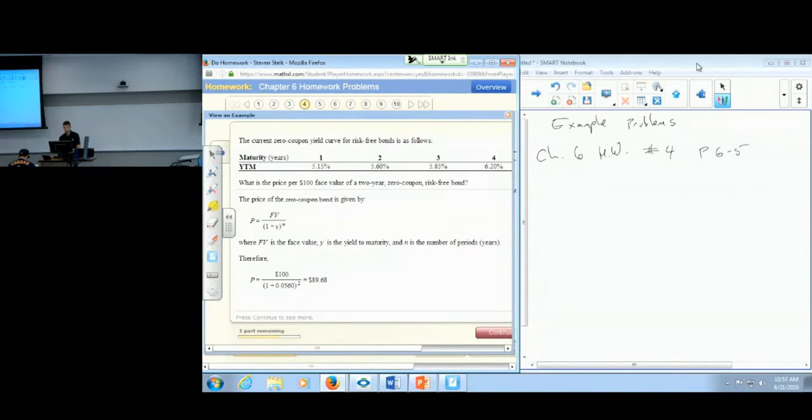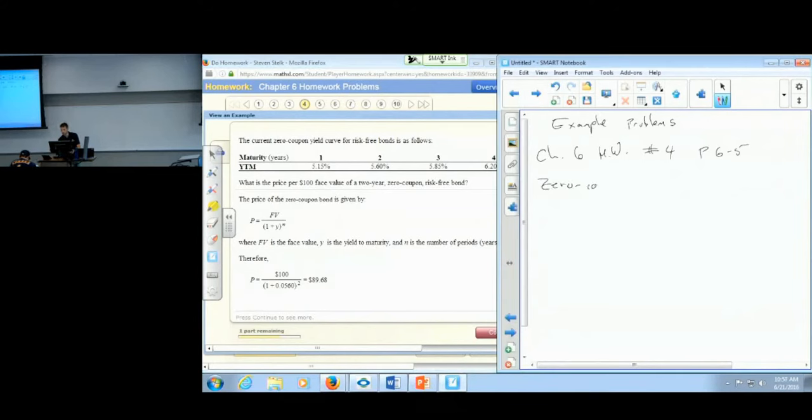All right, we're going to start with the simplest kind of bonds, a zero coupon bond. Not so creatively named. It tells you exactly what the deal is. A zero coupon bond means that it pays no coupon.